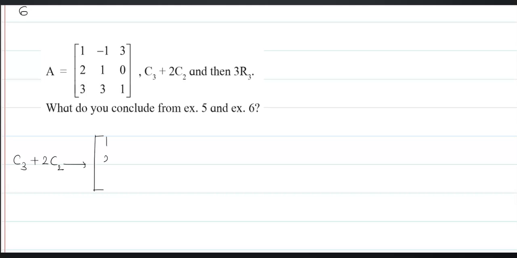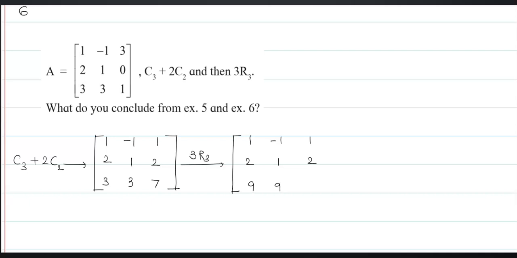In the third column, 3, 0, 1 remains as it is: minus 1, 1, 3, and 1 plus 3 times minus 1 into 2 gives 1, 2, that is 1 plus 6, 7. And the next operation is 3 times R3, that is, we multiply the third row by 3. Therefore it is 9, 9, 21 and this is the answer.